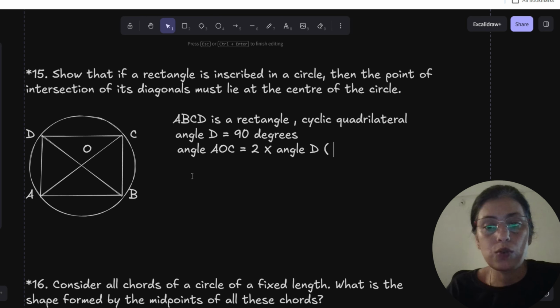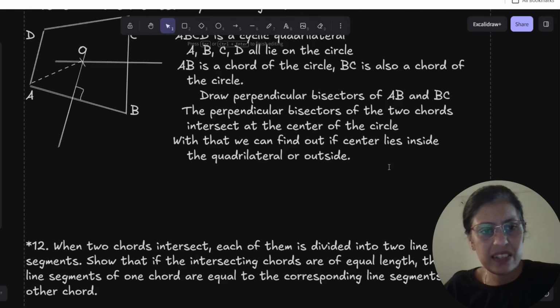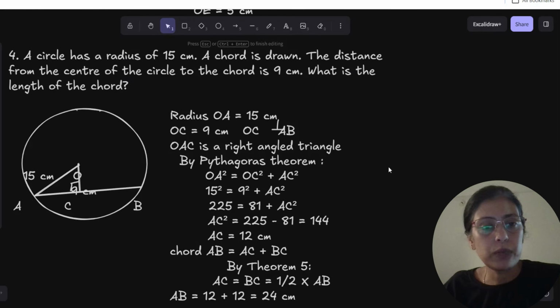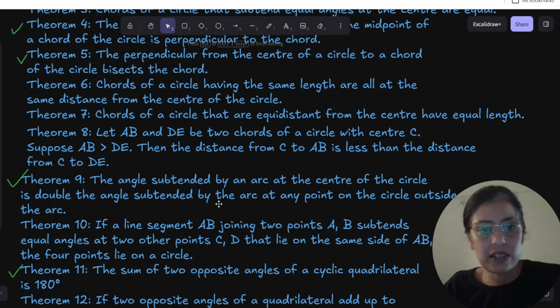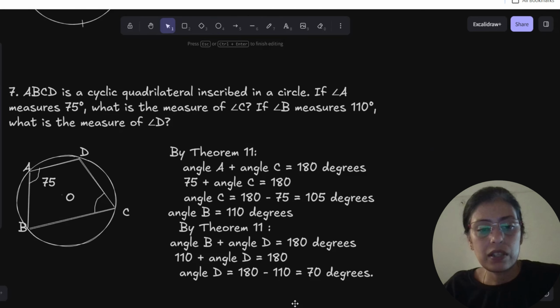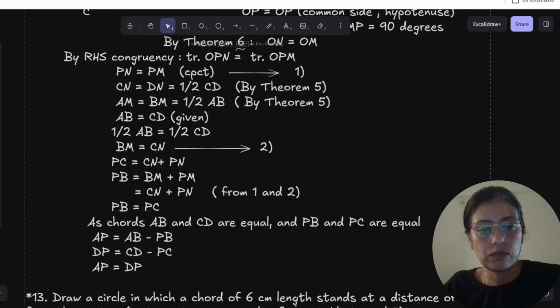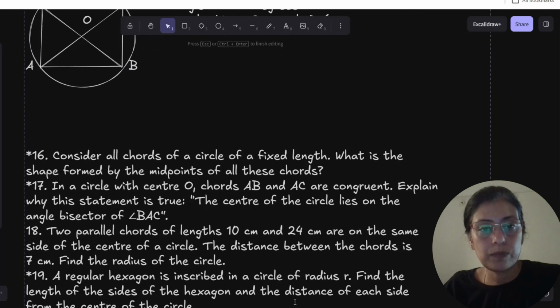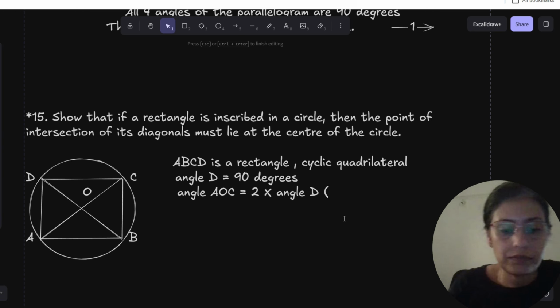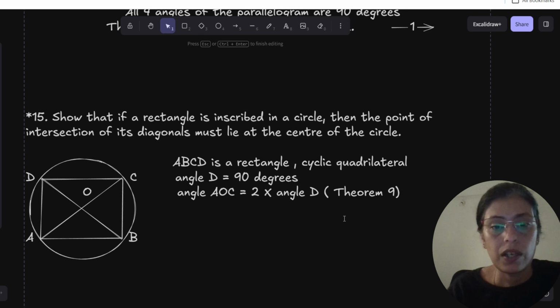And this was our which theorem? I think 9. The arc one was 9, I guess. Yes, this was theorem 9. So this is going to be 180 degrees.